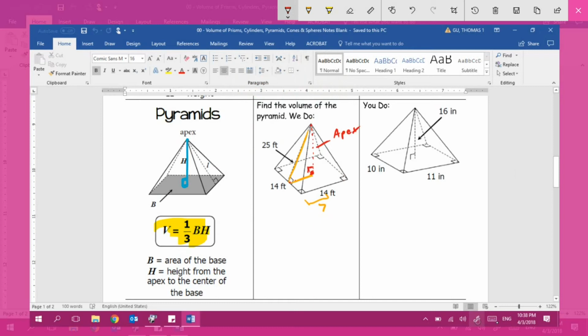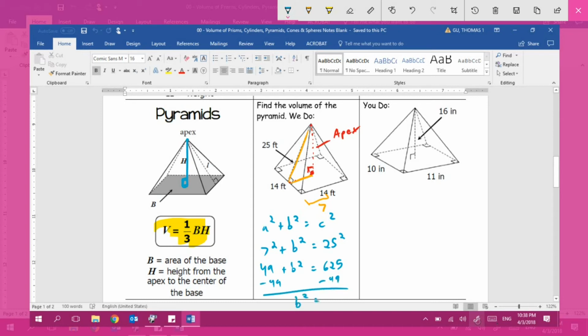So I would go a squared plus b squared equals c squared. A would be 7, so 7 squared plus b squared. I don't know what that is, I'm trying to find that. Equals c squared. C is 25, so 25 squared. So that's going to be 49 plus b squared equals 625. Subtract 49 from both sides.